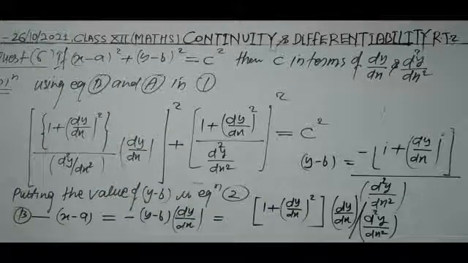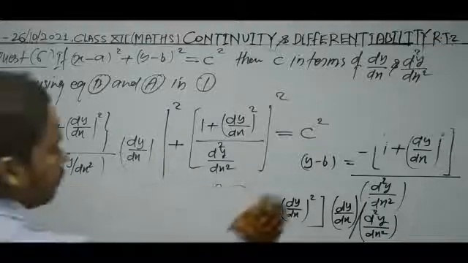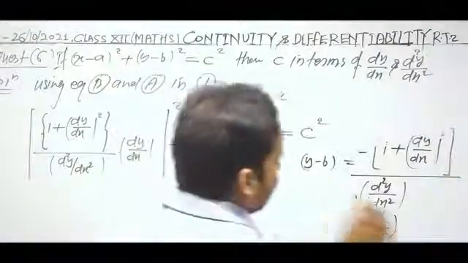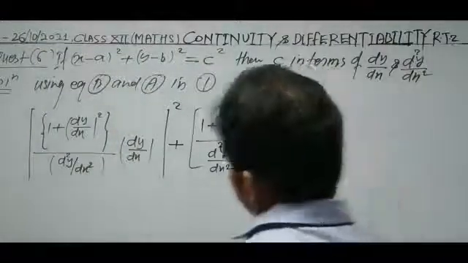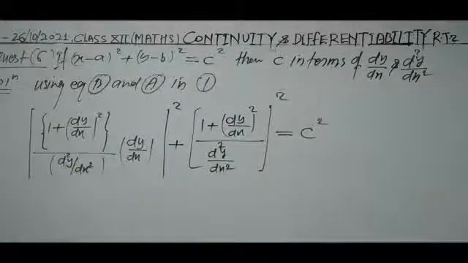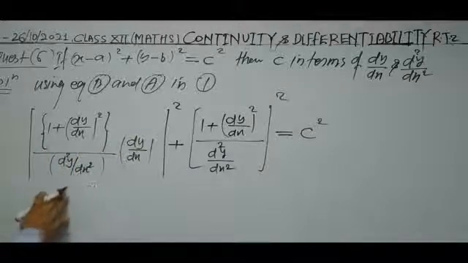Now see, we have to solve this expression. You know 1 plus (dy by dx) whole square whole upon (d2y by dx2) whole square is common.